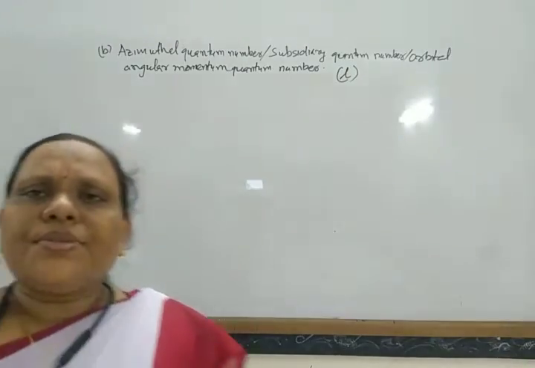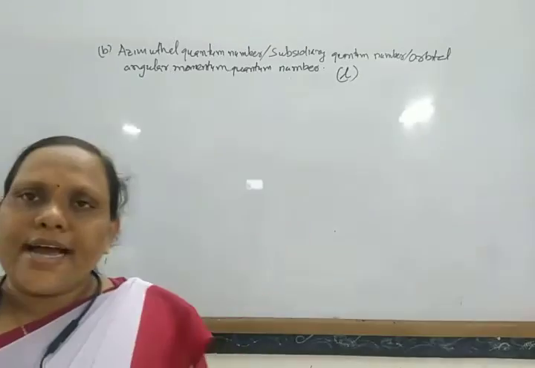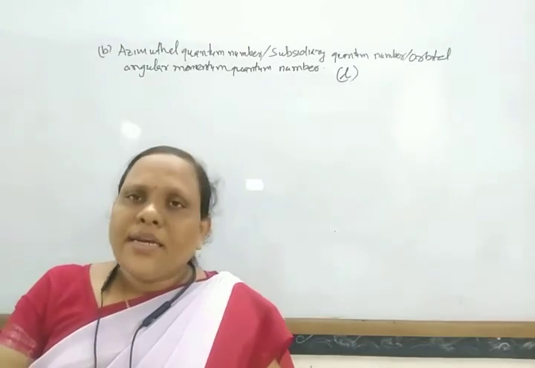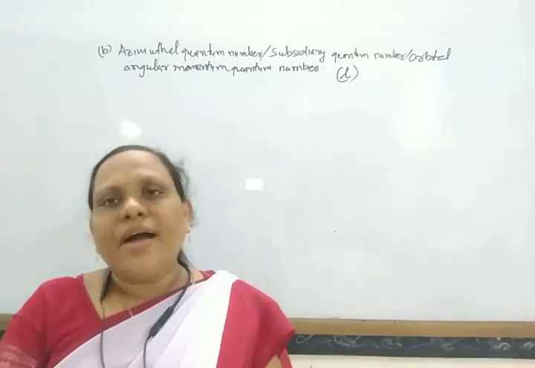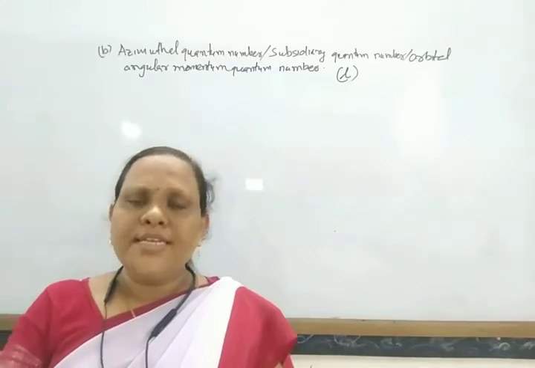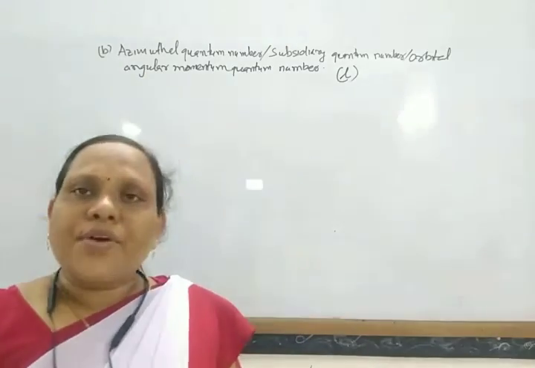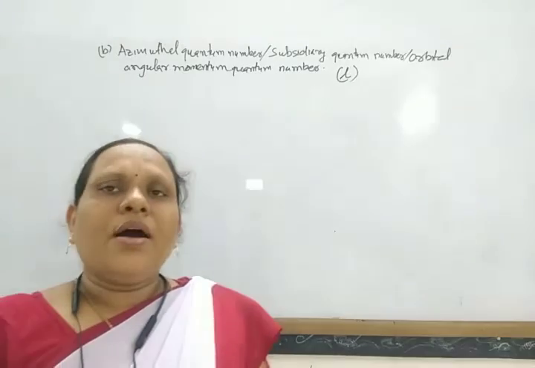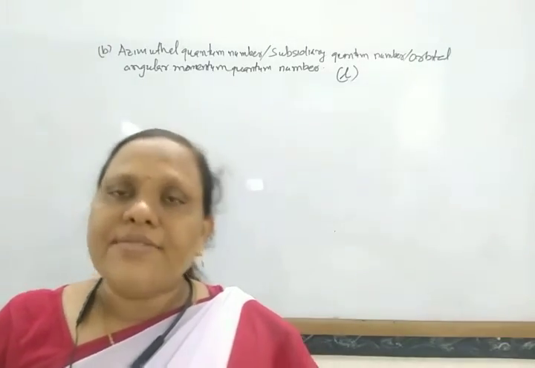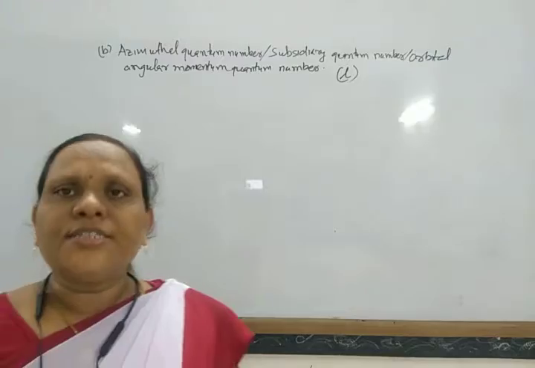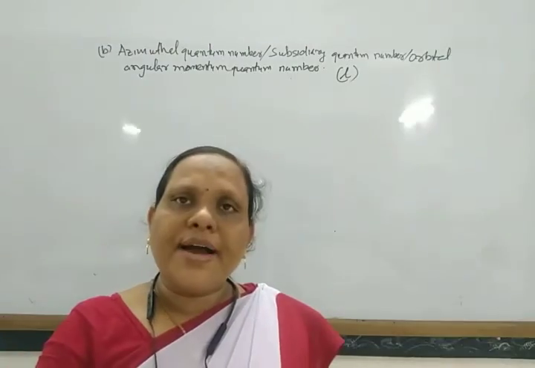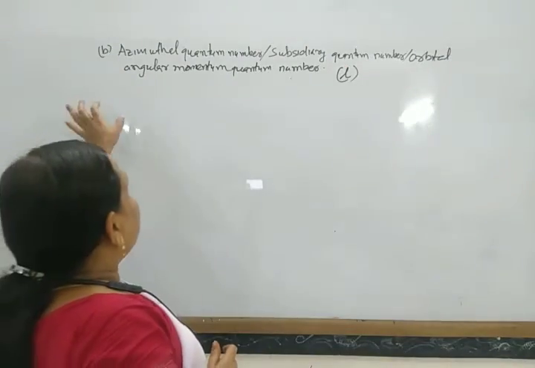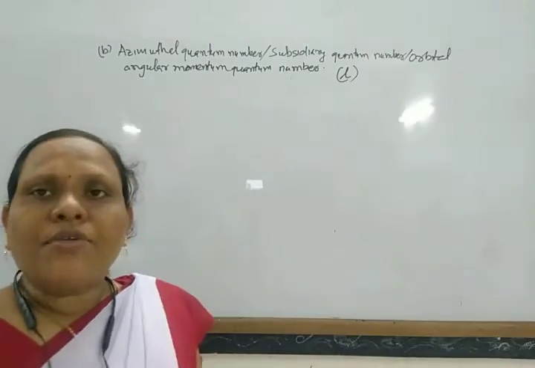Okay, so this quantum number describes how a cell can be divided into how many subcells, as a country is divided into different states. That is given by this azimuthal quantum number.